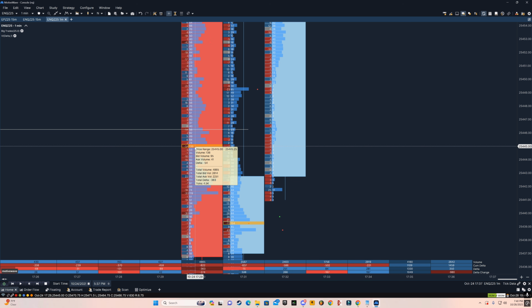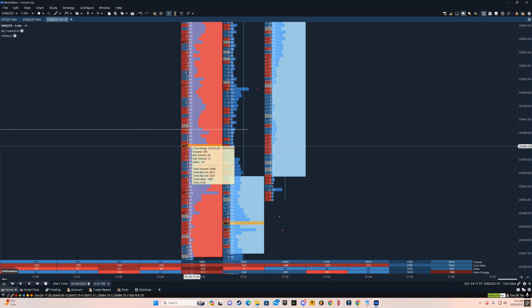At this price, there were 136 contracts being bought or sold. Now, the delta is the difference between the total buyers and sellers. The bid volume is market sell orders, and the ask volume is market buy orders. So bid is when there are market sells, and ask is when you have market buys.